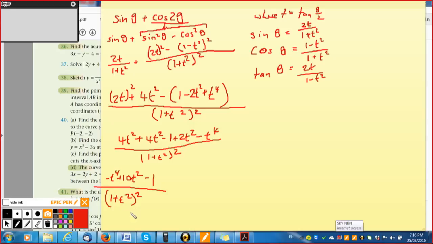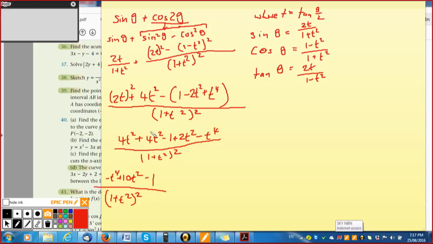And then we've got to try and figure out some simplified way of expressing this. I think that's as simple as we can get things.